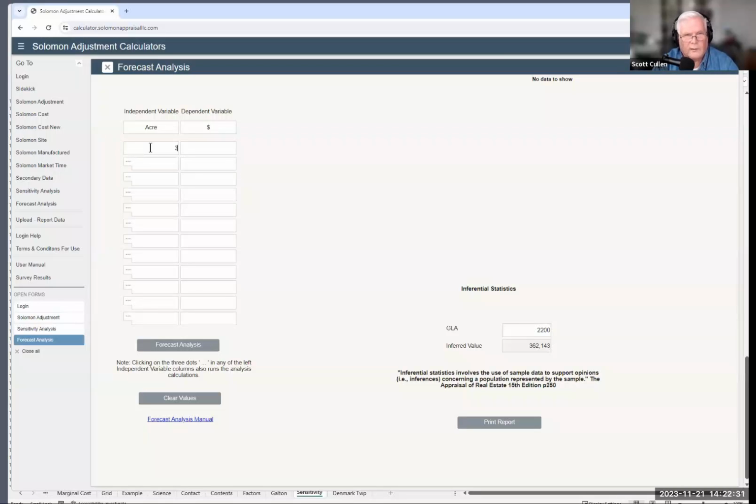So let's say my county records had a 3 acre site that sold for 125 and a 7 acre site that sold for 150 and a 9 acre site that was 152, call it 153 as long as I already hit the typo. And then another 7 acre site that was 145. And the question I'm trying to solve is what is the value of a 5 acre site? So if I type 5 acres here, this number's not correct because I haven't calculated it yet.